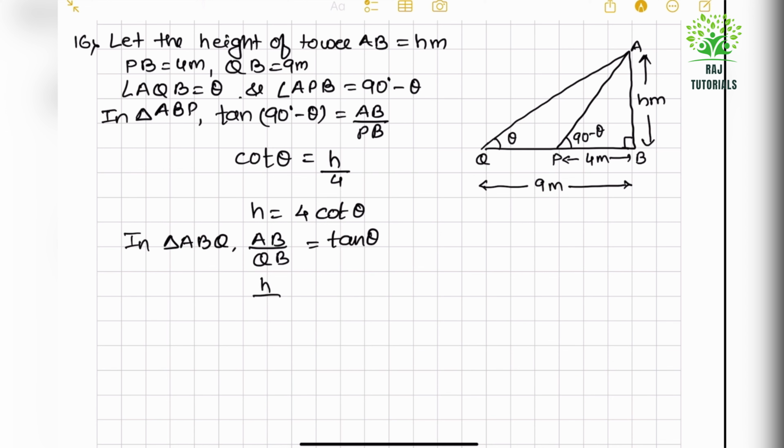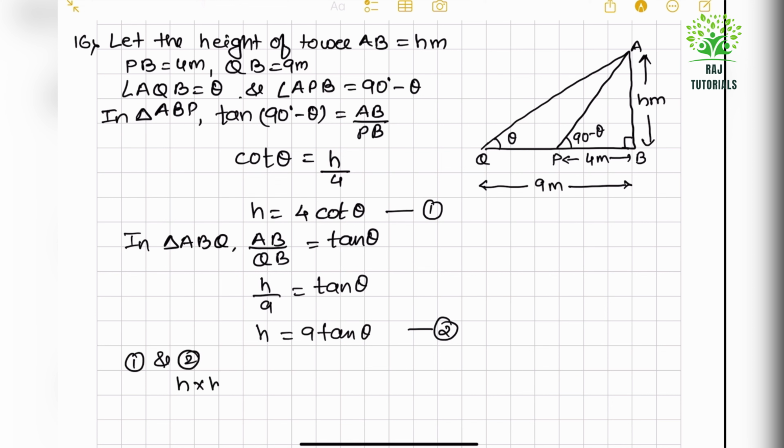Same way in triangle ABQ, AB upon QB equal to tan theta. So h upon 9 equal to tan theta. So h equal to 9 tan theta. So if I give this as one number, this as two number.